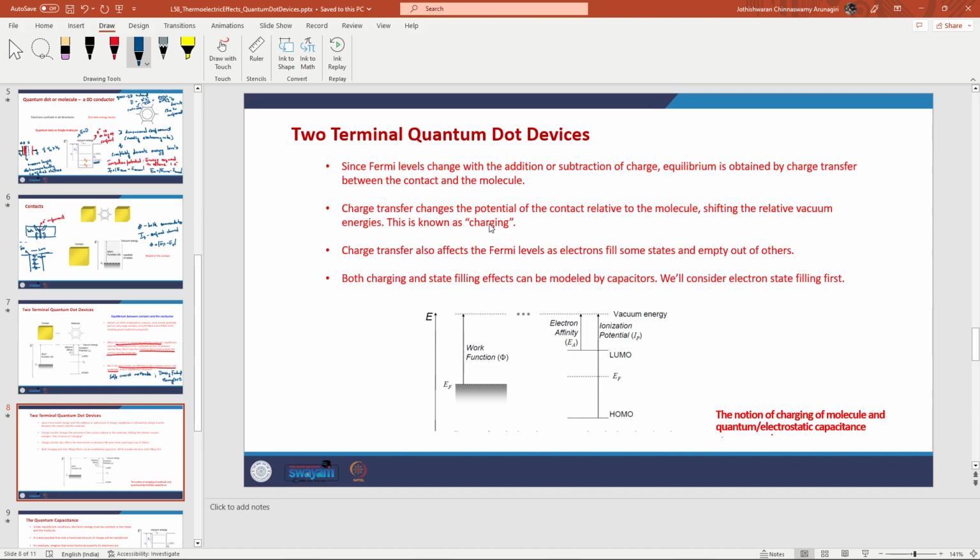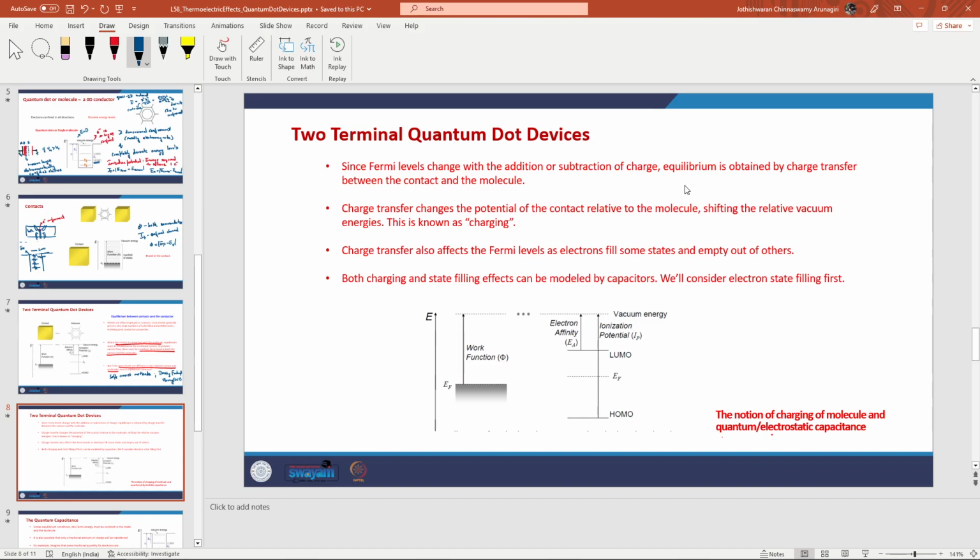Analogously, for a two-terminal quantum device, we will have an equivalent phenomenon, but in this case we should remember, again, as I mentioned before, the electrons are no longer flowing from point A to point B, they are moving into a confined location and then moving out of it. So this process is actually better visualized as a charging and a discharging effect.